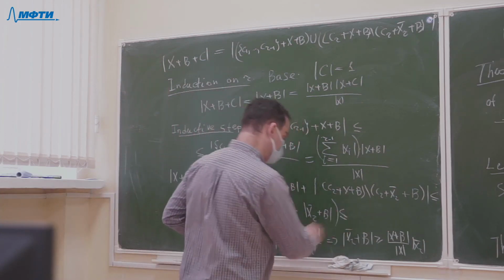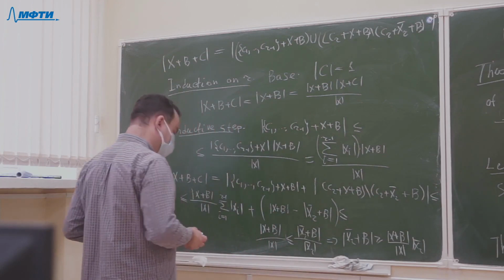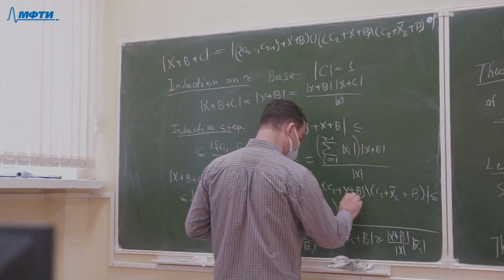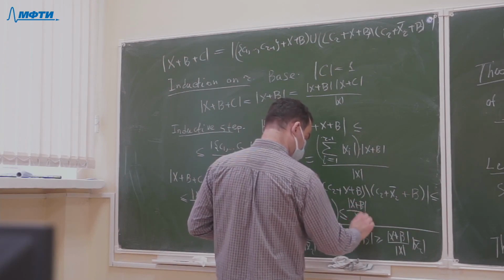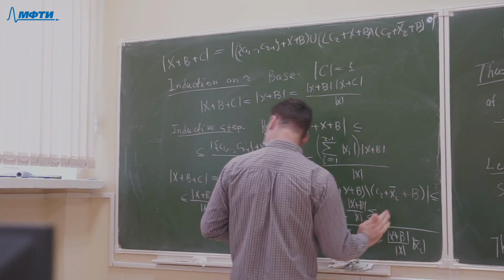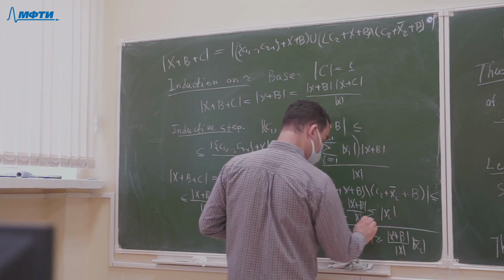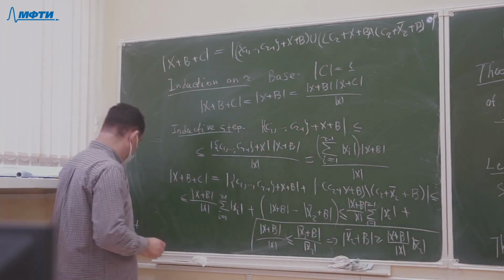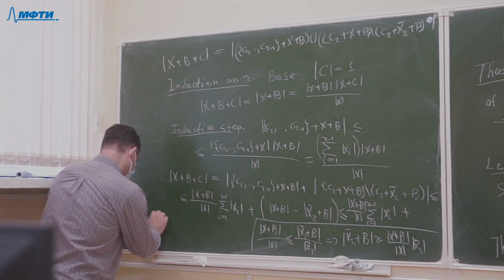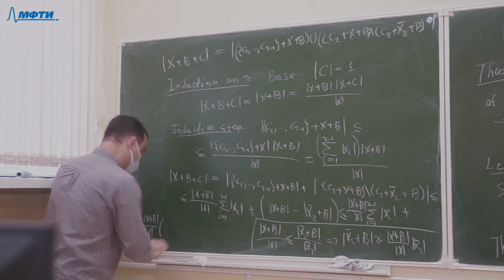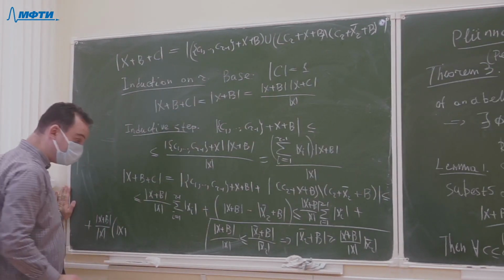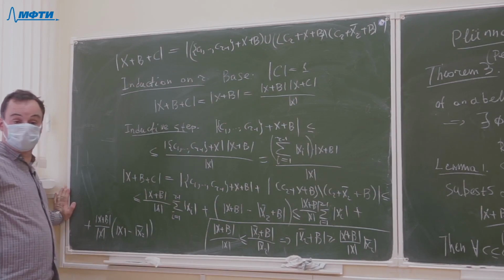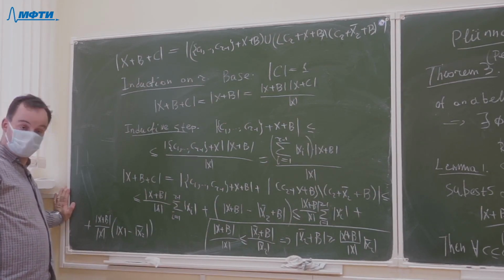So this is an upper bound of the form X plus B by X by the sum of x_i for i from 1 till r minus 1, plus X plus B by X by X minus X_r complement, right?